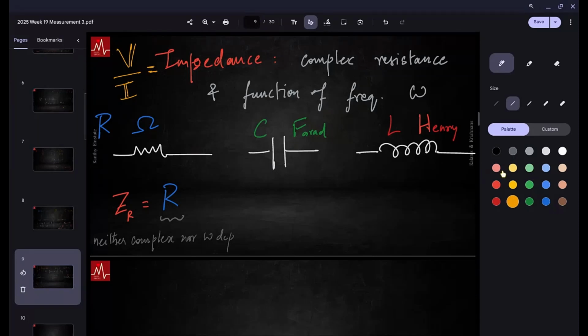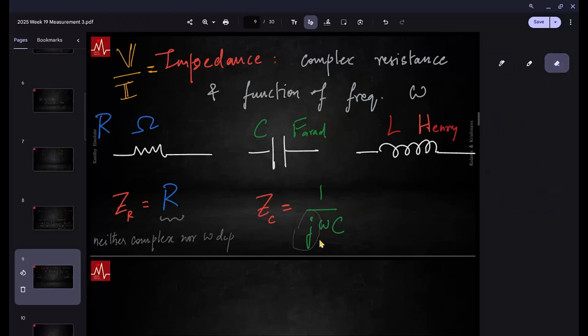Okay, now what is the impedance for a capacitor? Does anyone know? Yeah, so most of you know this. This is 1 by j omega C. Hey, the complex number j showed up.